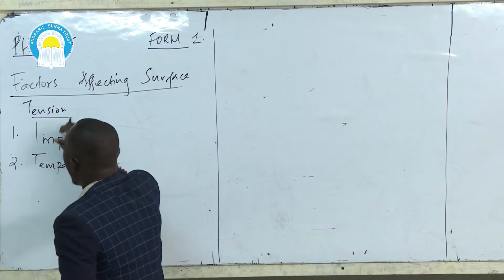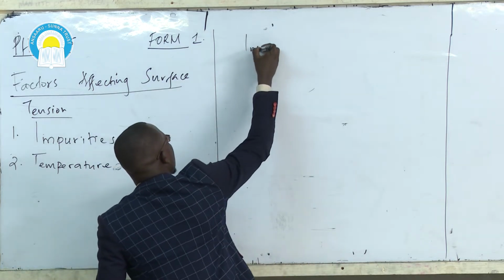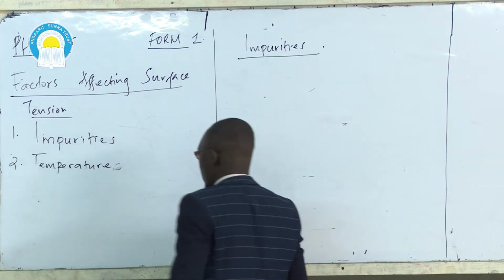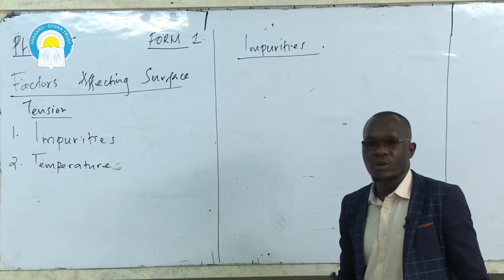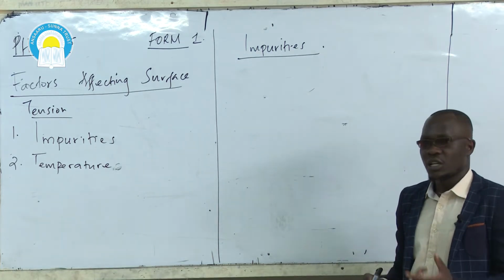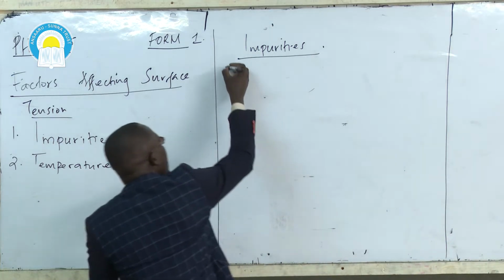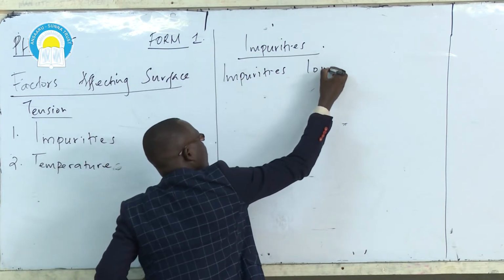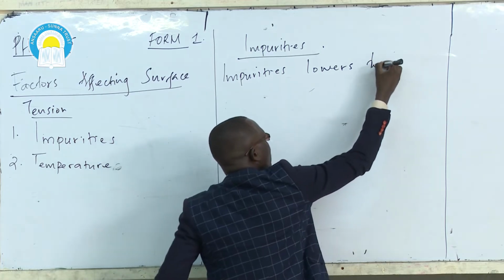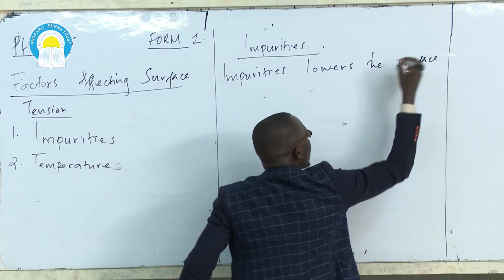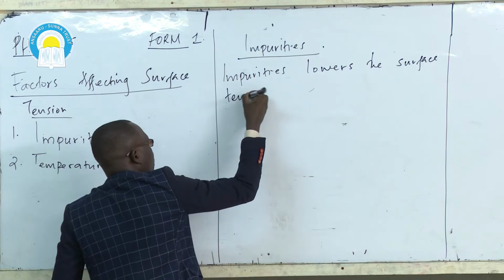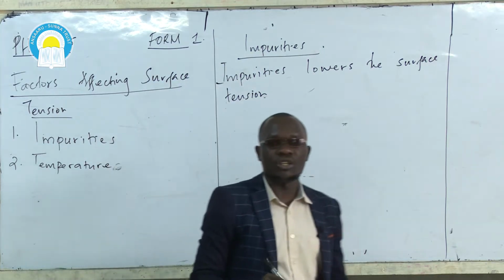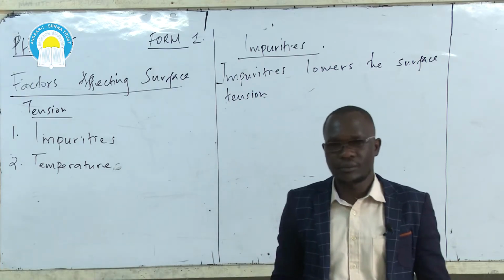So let's look at how the two factors affect surface tension. Let's start with impurities. We have said impurities are foreign substances in a liquid. How do impurities affect surface tension? One, impurities lower the surface tension of a liquid.